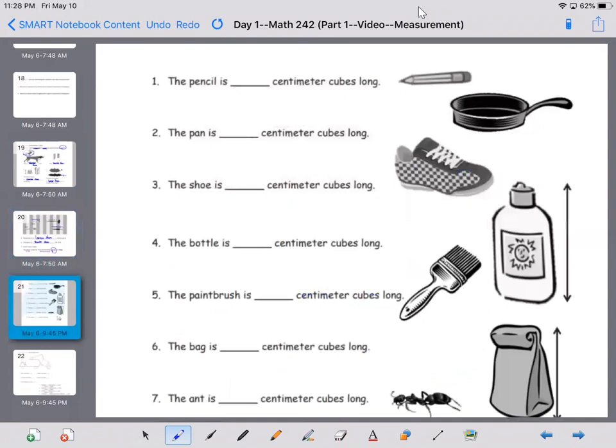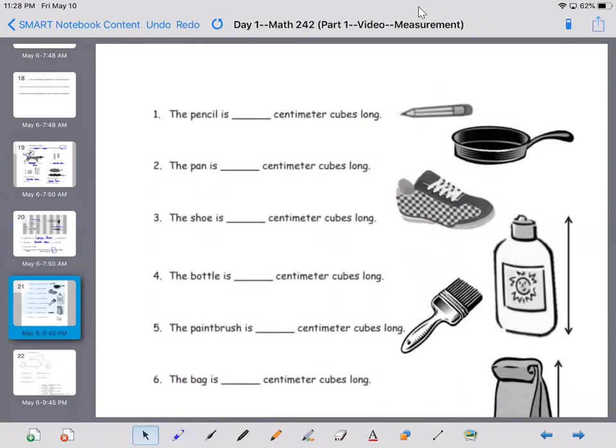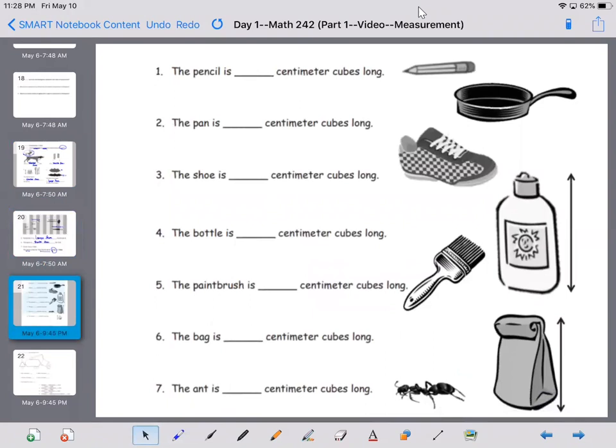This next one is a really good activity that supports your standard. It's actually going to support first grade standard measurement and data, number 2. And what it wants the students to do is use those centimeter cubes or those base 10 blocks to measure how long something would be.